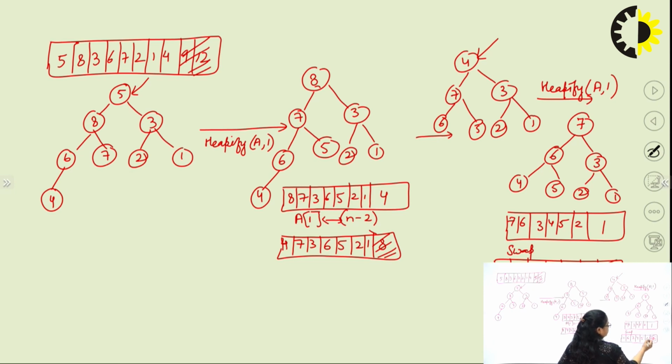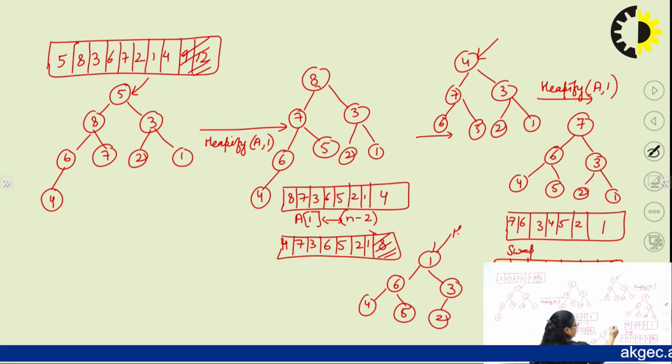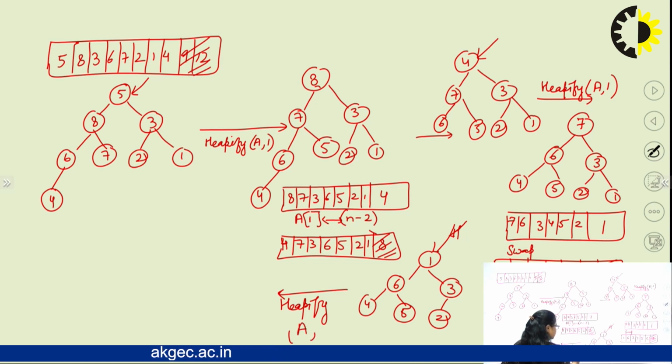Again the 7 holds its own position. Right? Then after that again we will build the tree. That is 1, 6, 3, 4, 5 and 2. Right? Again we will call heapify a comma 1.